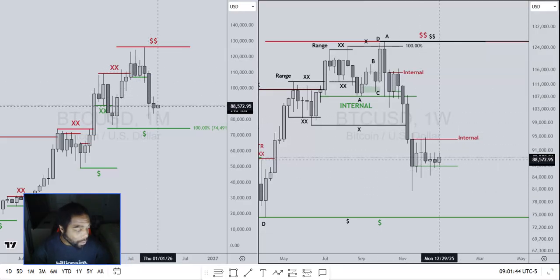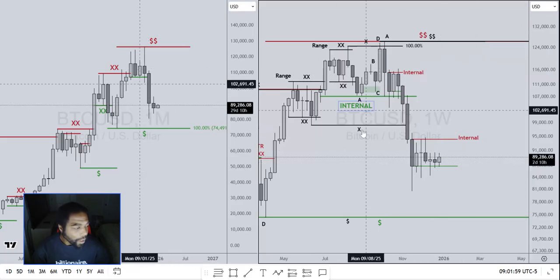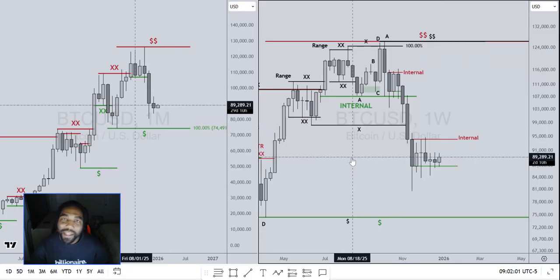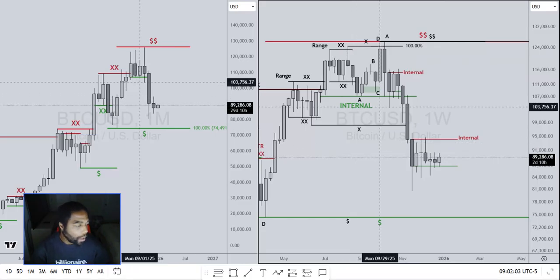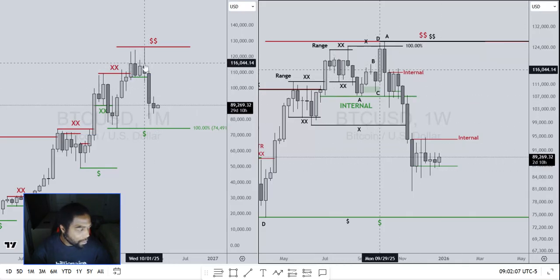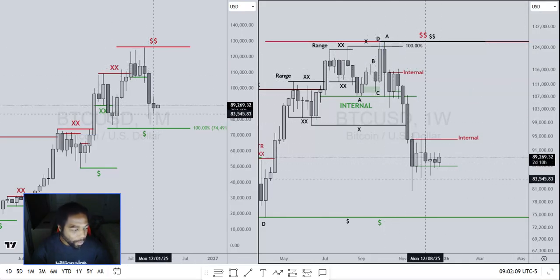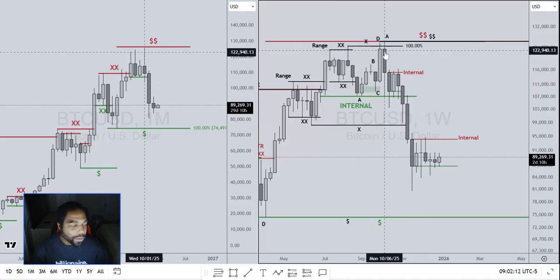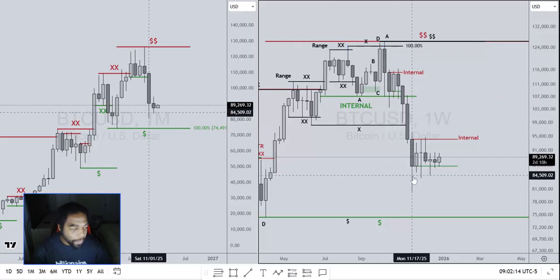We scale down to the weekly to understand what price action is encountering structurally on the weekly time frame inside of this monthly price action. As you can see on my side by side screen, in that monthly bearish retracement, here on the weekly time frame we are encountering this bearish expansion.